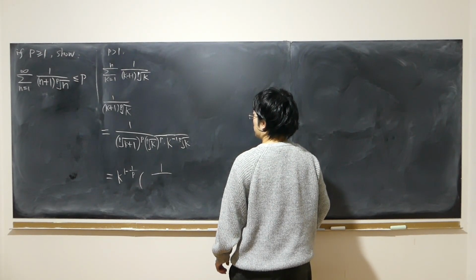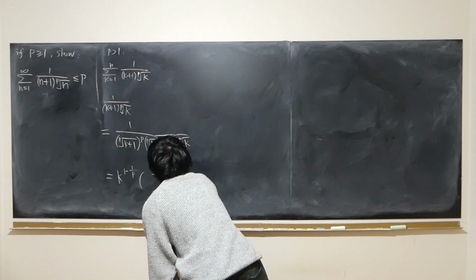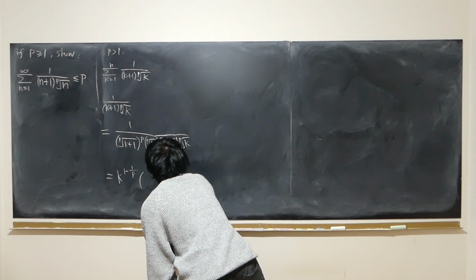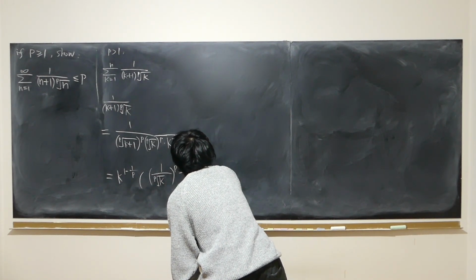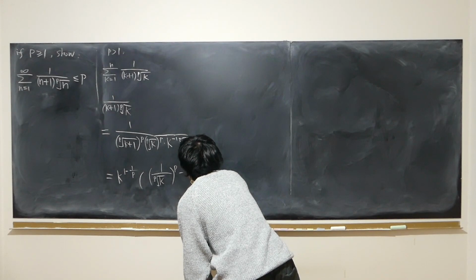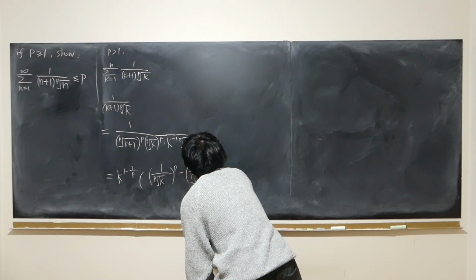So here I want to split it into partial fractions. And that is the pth root of k to the power of p minus the pth root of k plus 1 to the power of p.